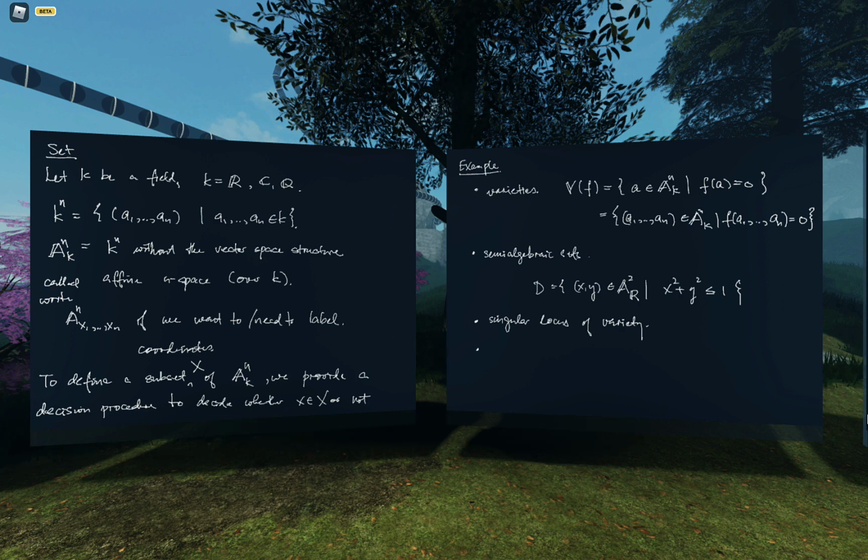And so we also have complements of subsets of A^n(K). These are all subsets, of course. And you can also take unions and intersections, so maybe I should just say complements, unions, intersections.